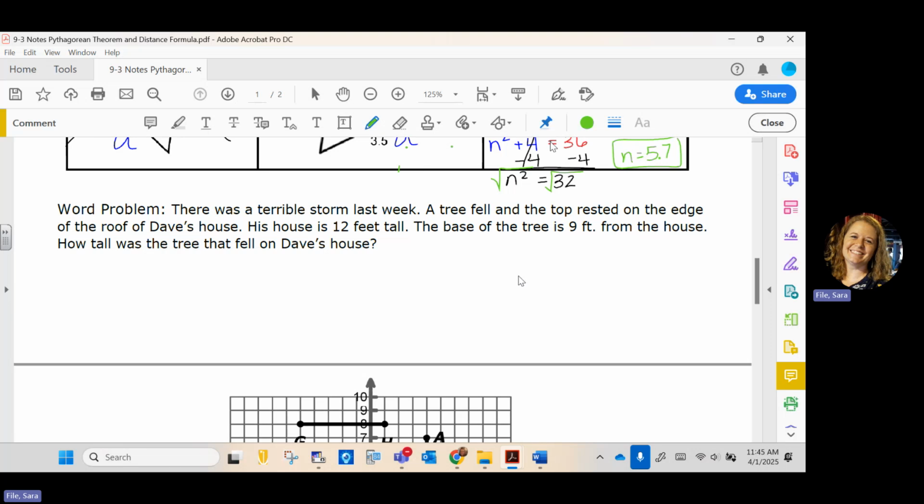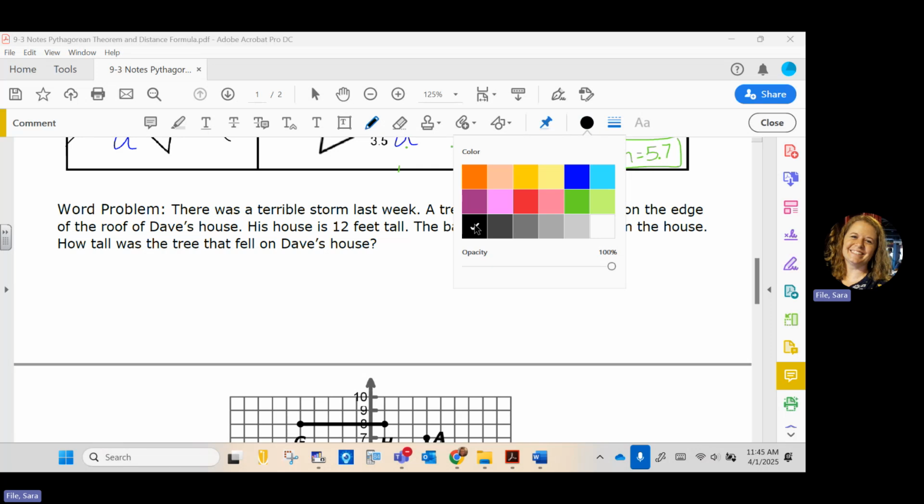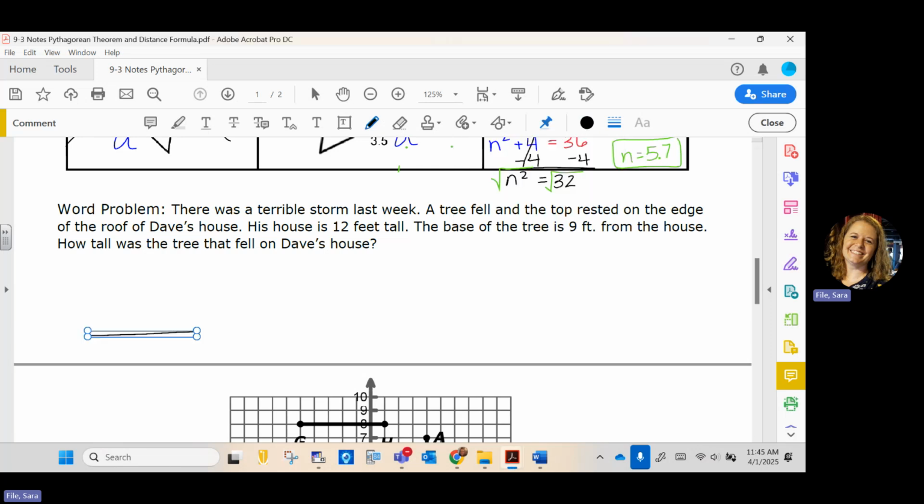Okay, so I would always recommend in word problems drawing a picture. Doesn't have to be extravagant, but we've got the ground, we've got the house, and we've got a tree that's fallen on it. So this is the tree, this is the house, this is the ground. So you have a visual of what's happening. The tree has fallen onto the roof of the house.